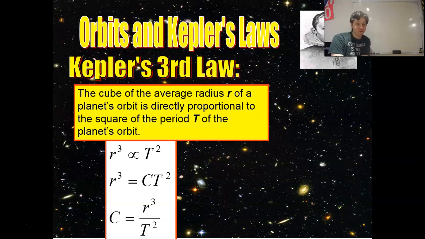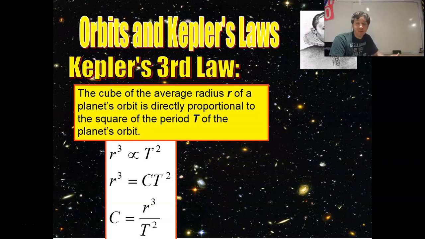So what do I mean by that? If you have a satellite orbiting the Earth, you will have a certain Kepler's constant. If you have the moon orbiting the Earth, or a Tesla car orbiting the Earth, you will have a certain constant C, and it will be the same for all of them.